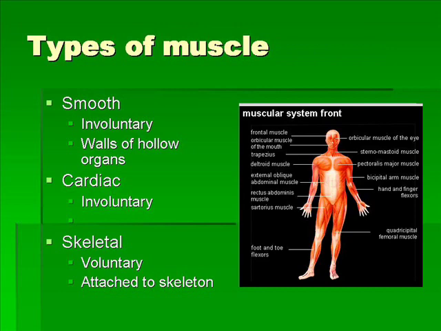The first one, smooth muscles, is an involuntary muscle. In this case, involuntary means that it's controlled automatically in your body. It's not something that you consciously think about and make the decision to do. An example of a smooth involuntary muscle would be your esophagus. Right? Once you've chewed food up and swallow it, it goes into your esophagus.